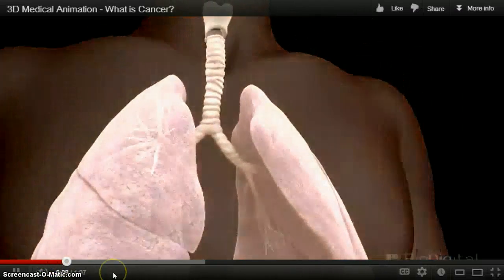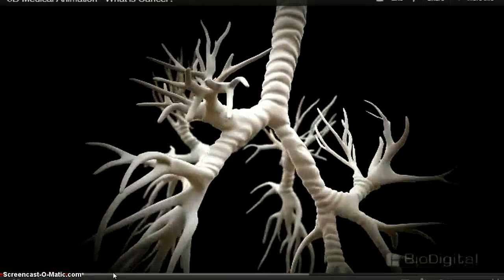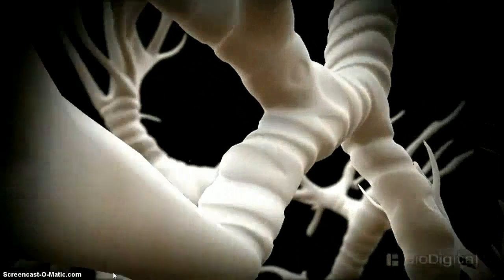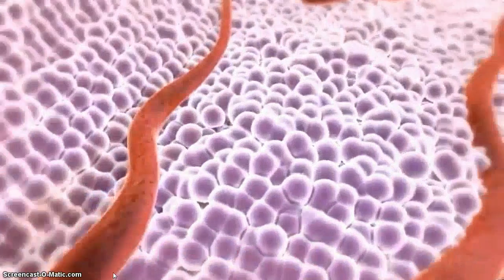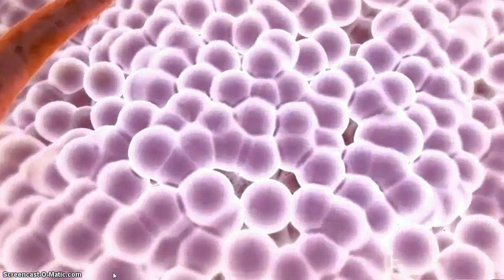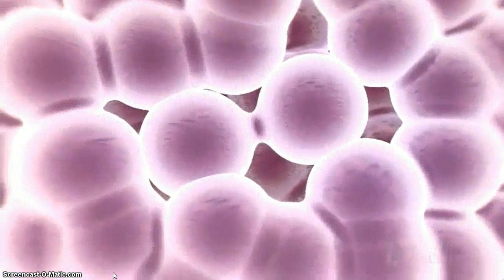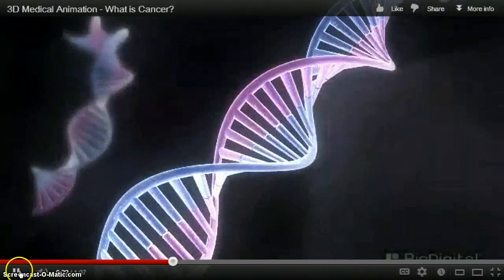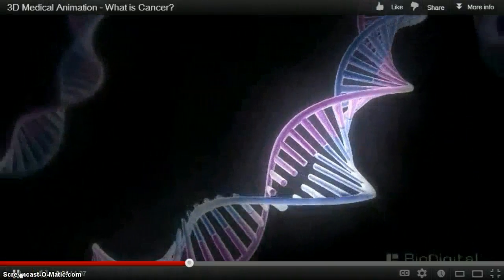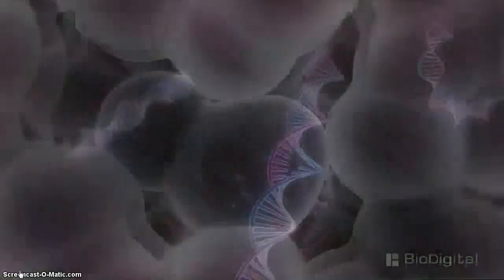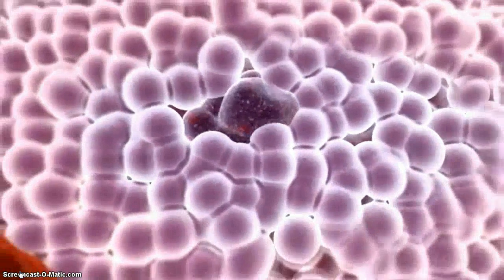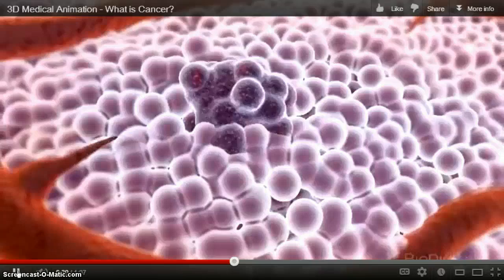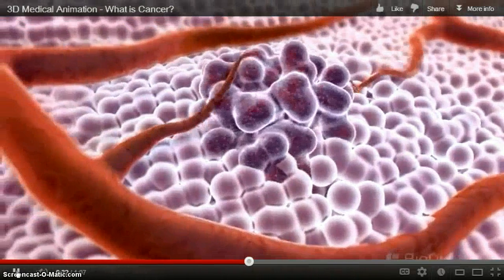Cancer is a group of over 100 diseases characterized by abnormal, uncontrolled cell growth. In a healthy body, cells grow, die, and are replaced in a very controlled way. Damage or change in the genetic material of cells by environmental or internal factors sometimes results in cells that do not die and continue to multiply until a mass of cancer cells, or a tumor, develops.